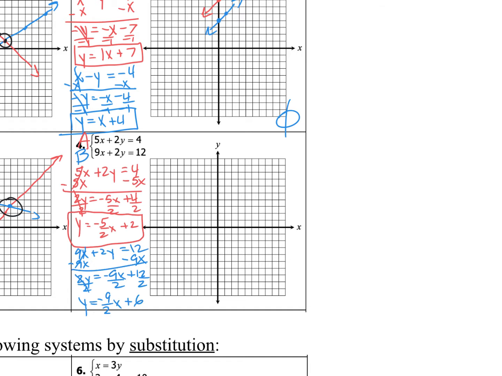All right, so here we go. First equation, start at 2, down 5, right 2. Down 5, right 2. Up 5, left 2. There we go. Now let me try to connect these dots. Okay.